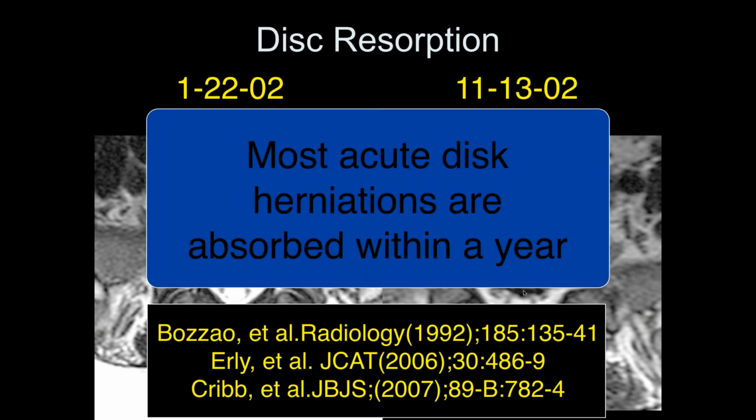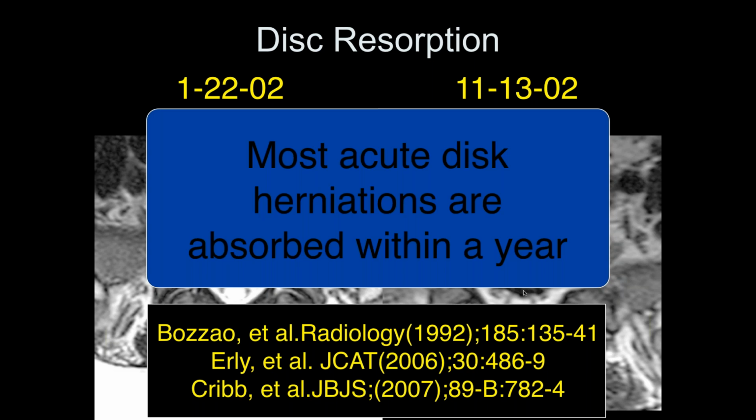And right now, if you have an acute extruded disc, it's not a surgical condition unless patients have excruciating pain that can't be controlled by any other technique. The studies show that if you have immediate surgery, you'll get better right away. At 1 year, you're the same. If you don't have surgery, it typically takes anywhere from 1 to 3 months for the pain to substantially decrease.